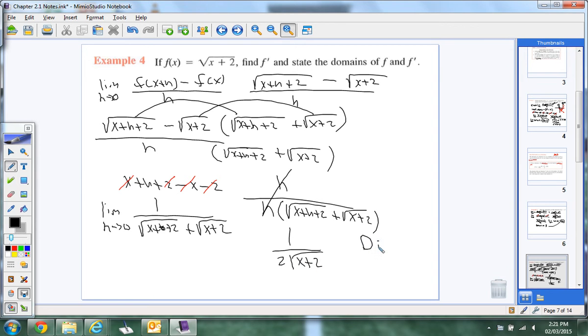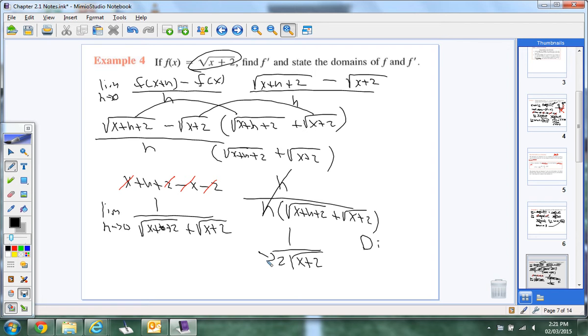And they want us to find the domain of the original and what afterwards. Okay, so what's the difference between the domain of the original and the domain of the second one? Yeah, Emily?